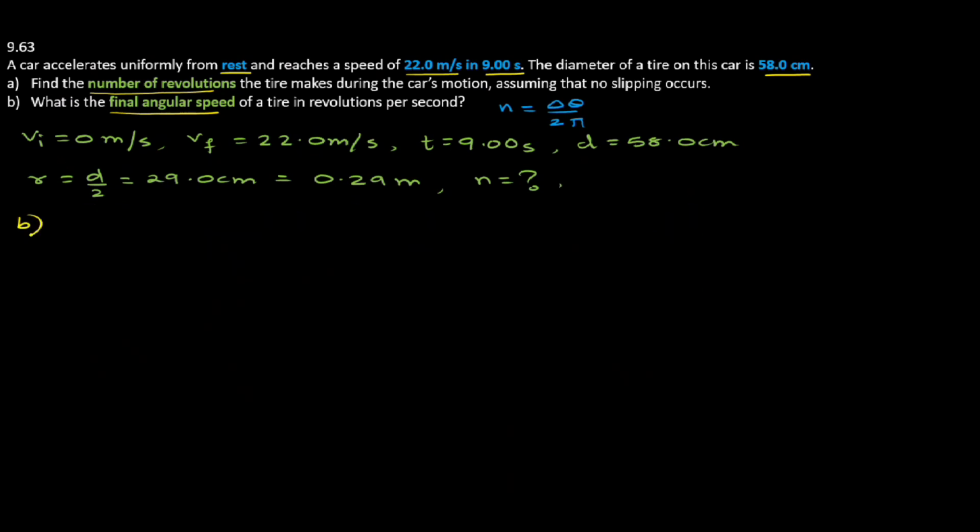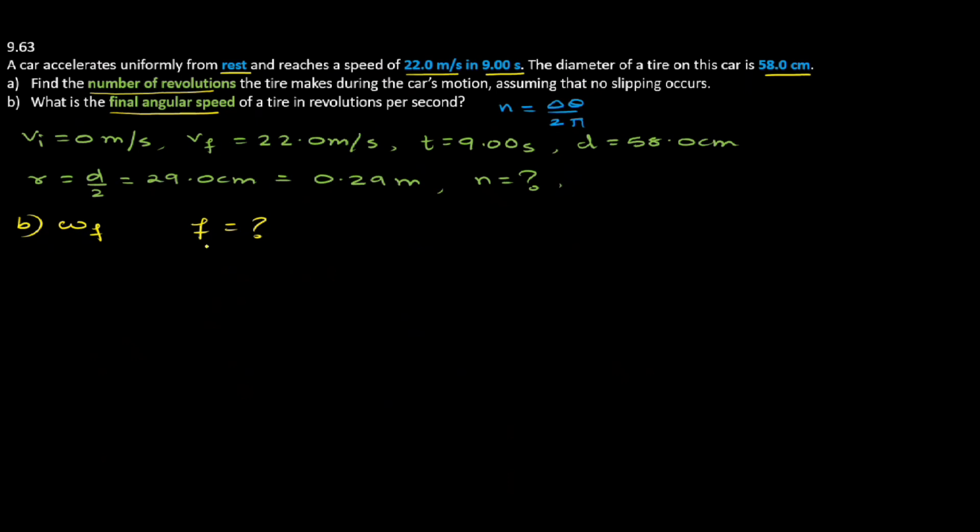In part B of the question, they want us to find the final angular speed of a tire in revolution per second. So final angular speed means we need to find omega final. But this has to be in revolution per second. So angular speed in revolution per second is basically equivalent to finding the frequency. So we need to find the frequency of the tire in order to know its final angular speed in revolution per second.